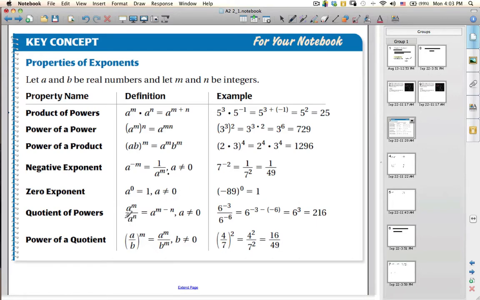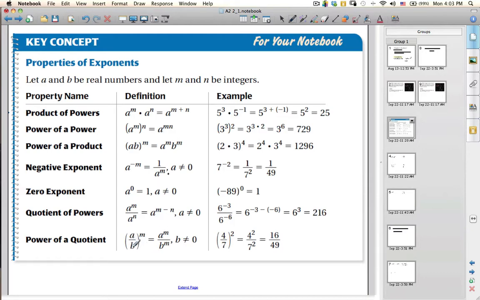And then these two properties are very similar to properties we had up above here. Quotient of powers is similar to product of powers. If I have two items with the same base being taken to powers, I can subtract the powers when they're being divided. When they're being multiplied, I added the powers. When they're being divided, I subtract the powers.